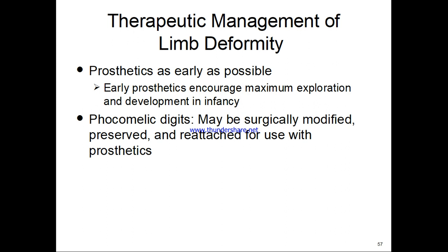As far as the seal limbs go, they can surgically amputate the digits and then reattach them, lengthen and reattach, or they may choose not to reattach and just form a stump for use with a prosthetic.